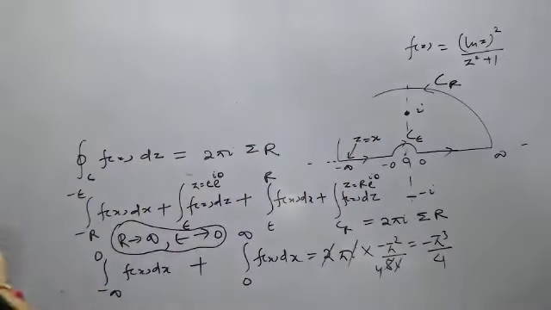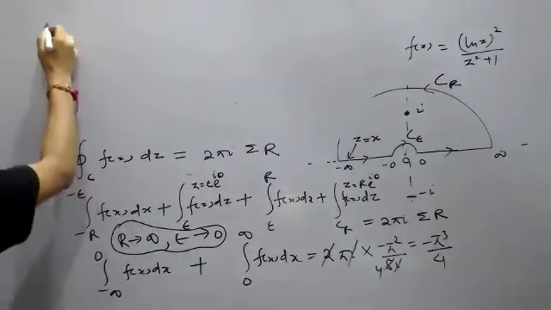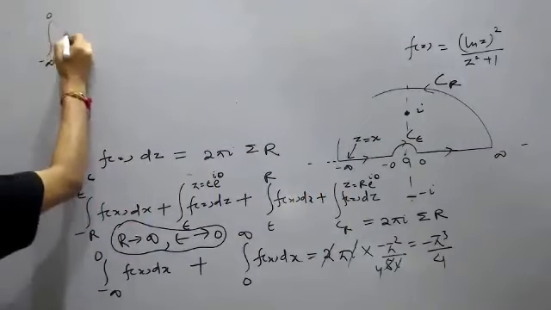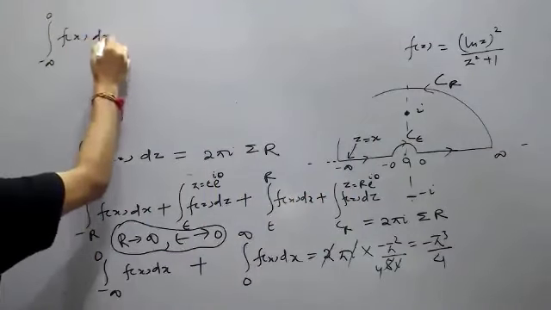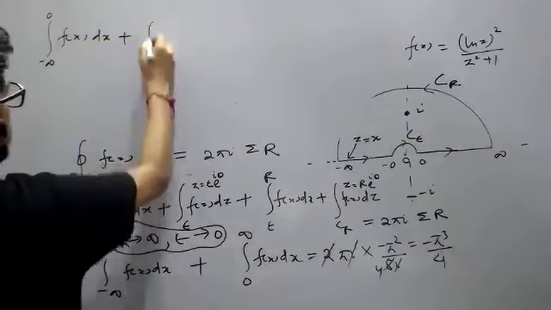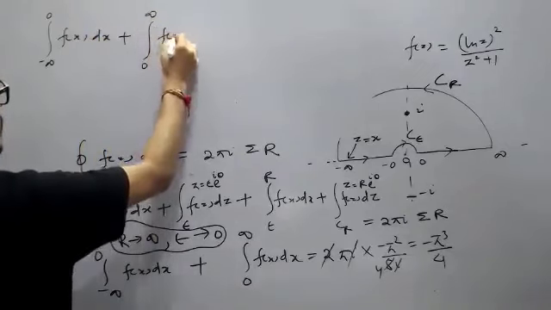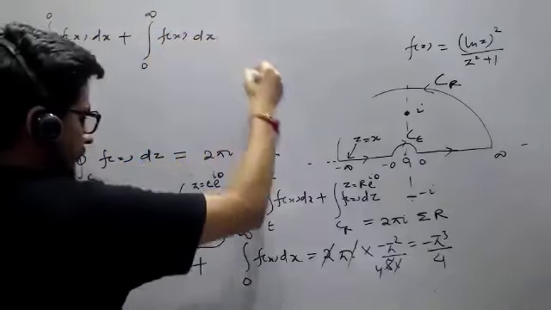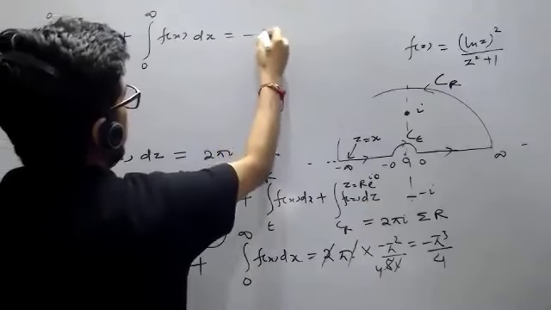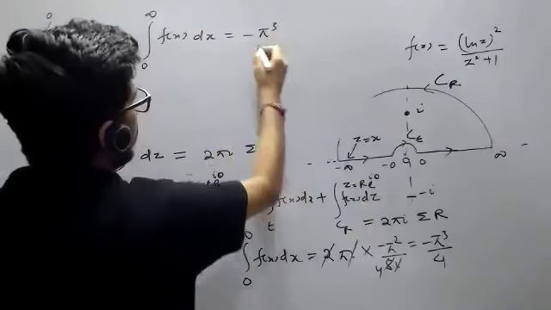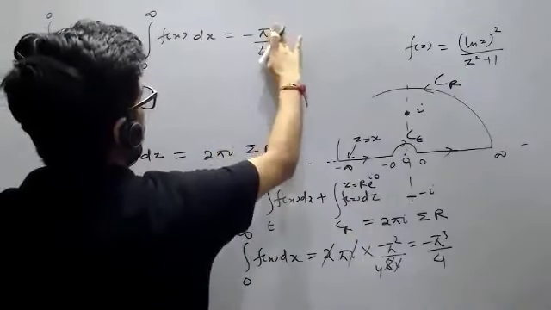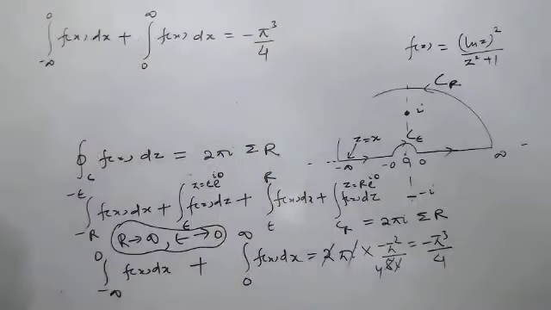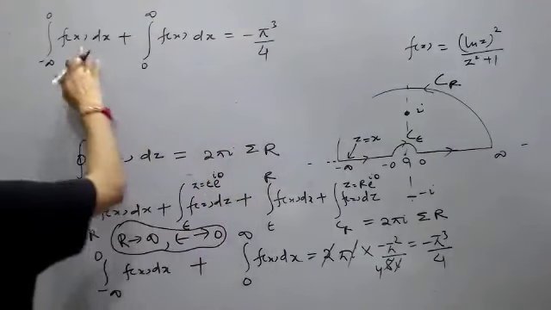And what I'm getting now is minus infinity to 0 f(x) dx plus 0 to infinity f(x) dx is equal to minus pi cube by 4. And let us write f(x) again here.